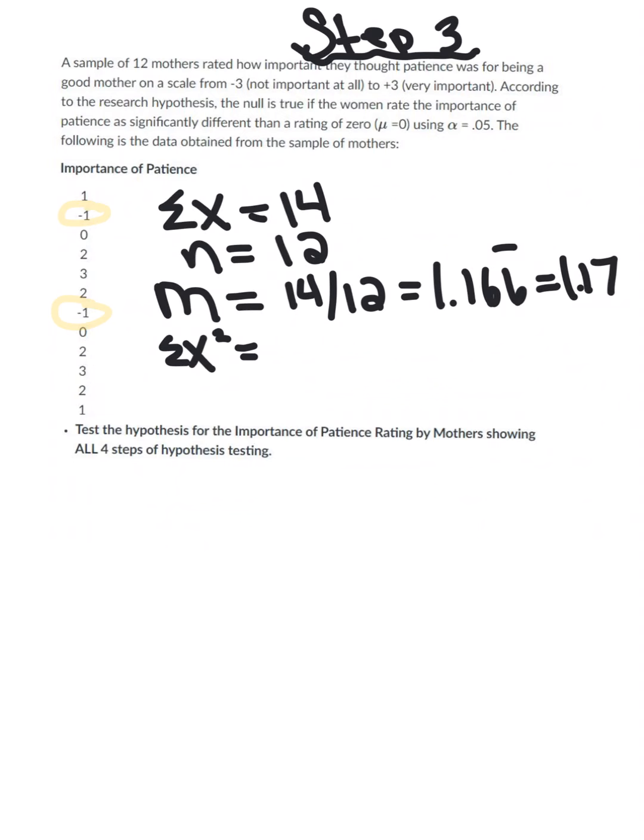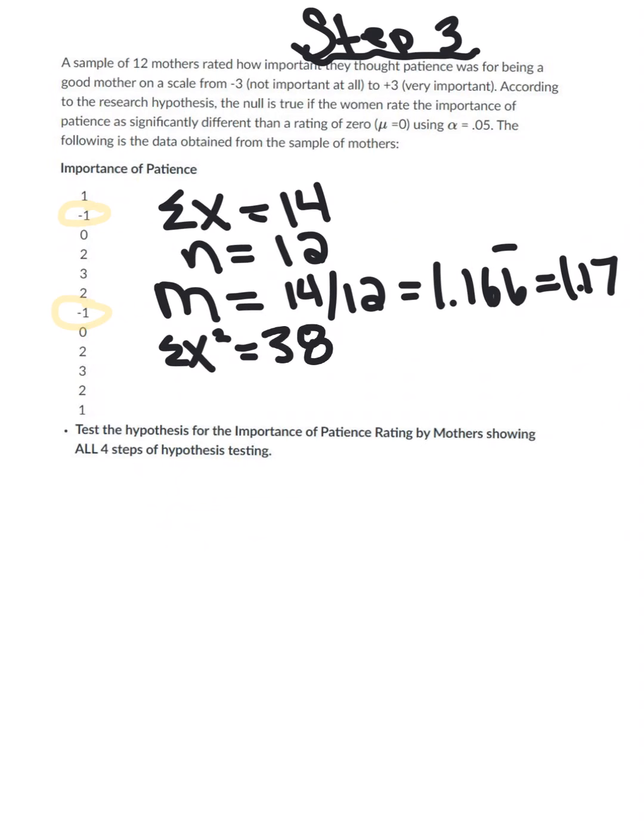So I just drop the negatives because I know it's going to be positive. So it's just a little cheat method for you to be able to work through that. So after you calculate that, you should get your sum of x squared is 38. So these are the basic things that you're going to need to start calculating your t obtained.